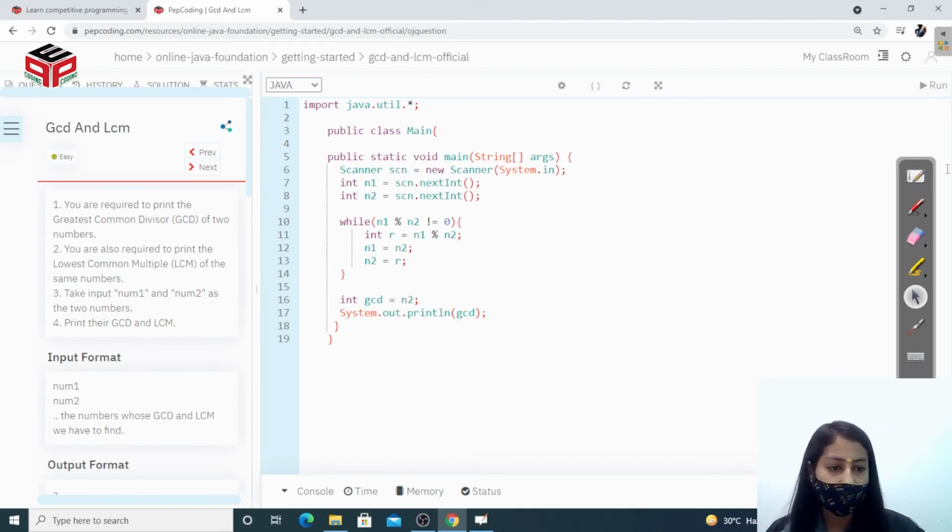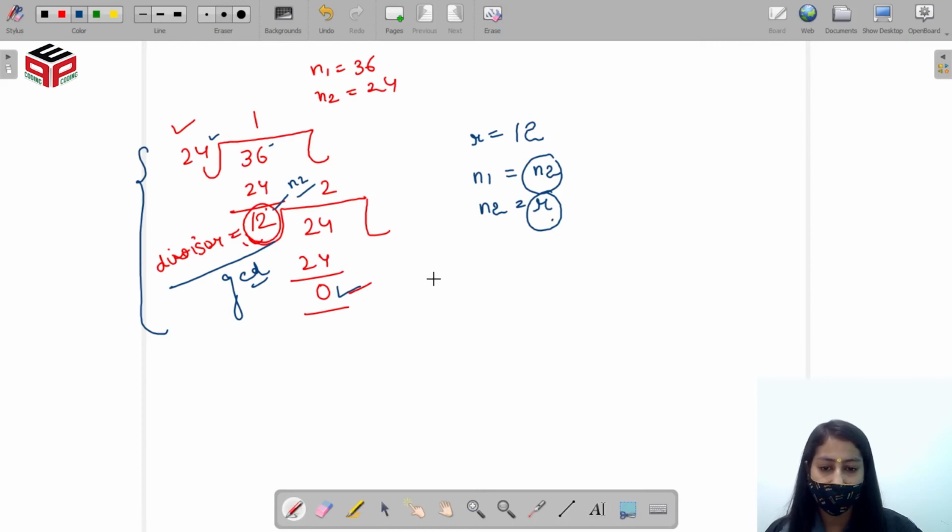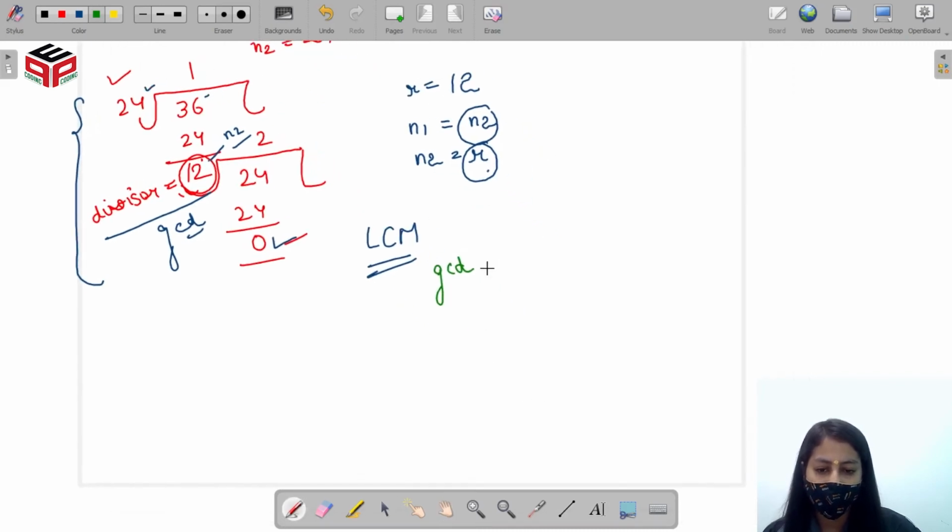Right? Now for LCM, the lowest common multiple. In our smaller classes, we discussed a formula that GCD times LCM is equal to the multiplication of the two numbers.